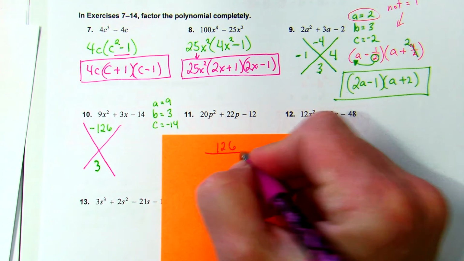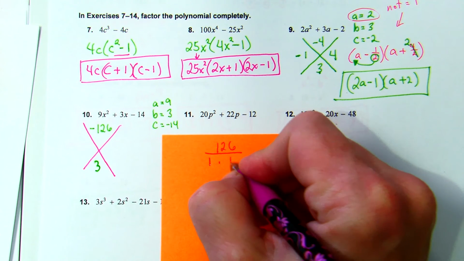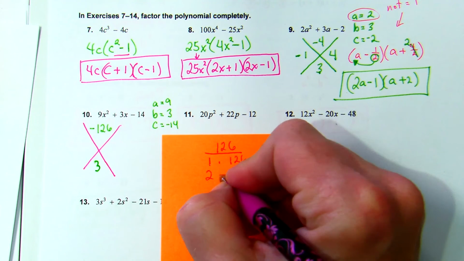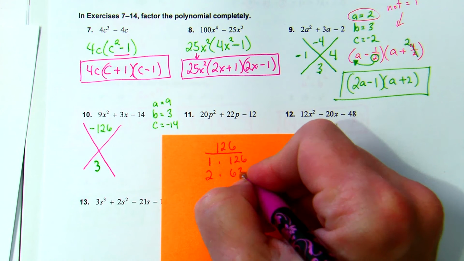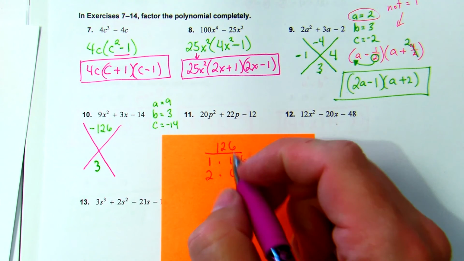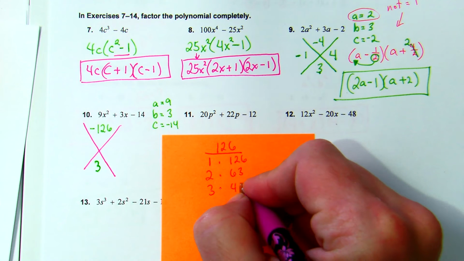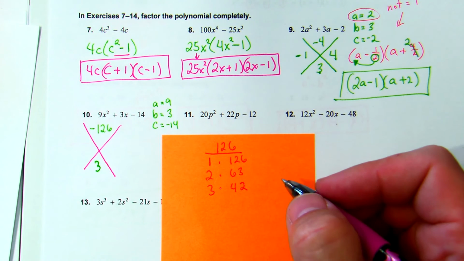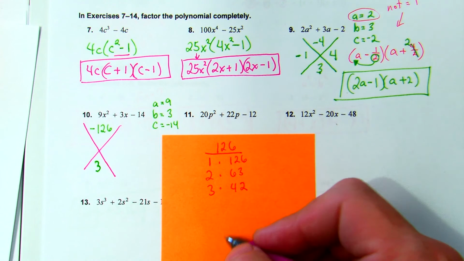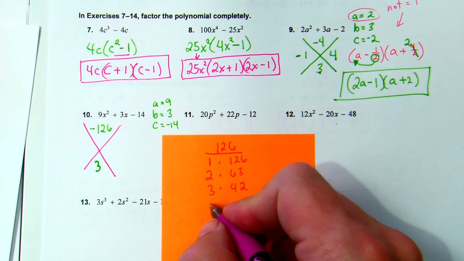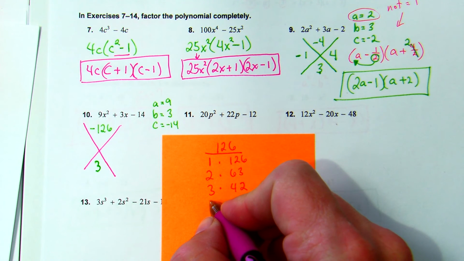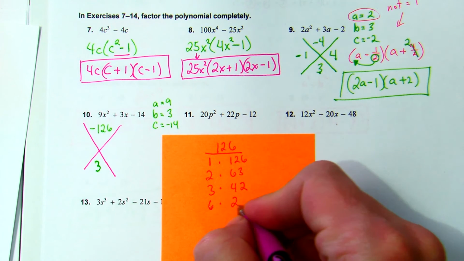We have 126, and we know that we can factor this into 1 and 126, 2 and 63, 3 and 42. Yep. And then, let's see here, 6 and 21.